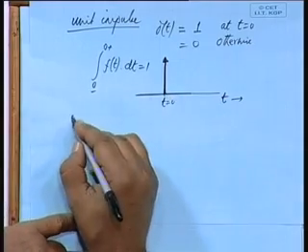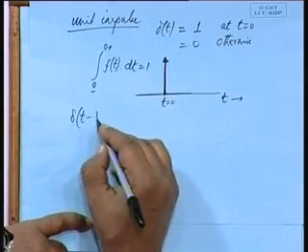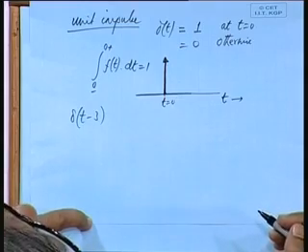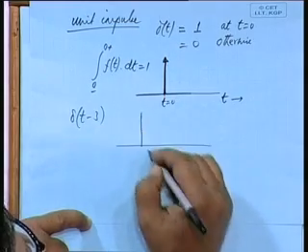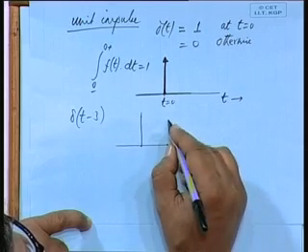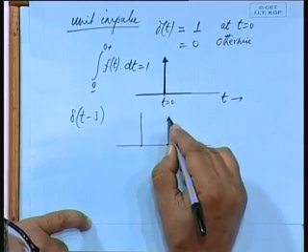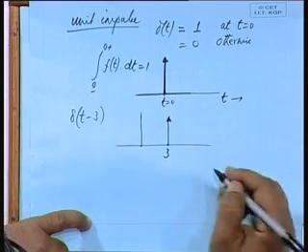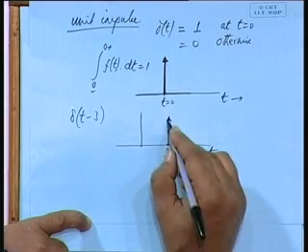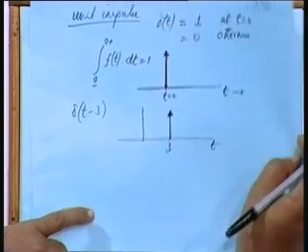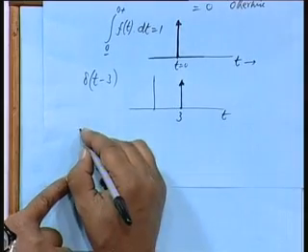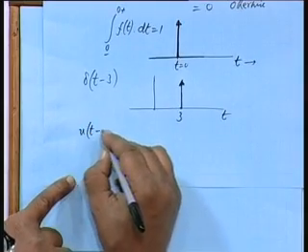So, delta t minus 3 represents what? This is a shifted version of the same impulse, that is, at t equal to 3 this function appears. Similarly, what will be u t minus 4?